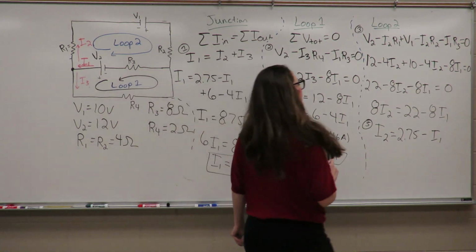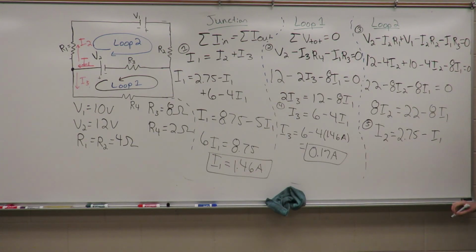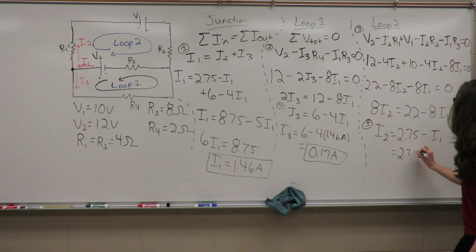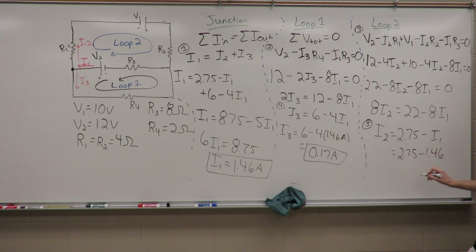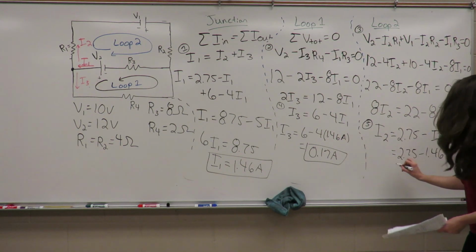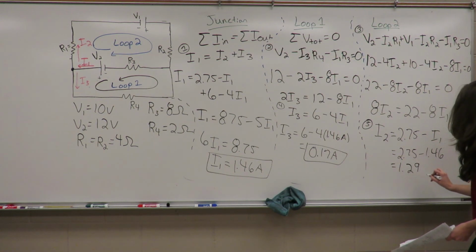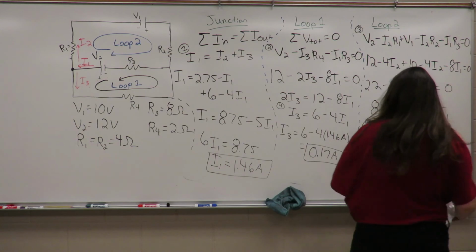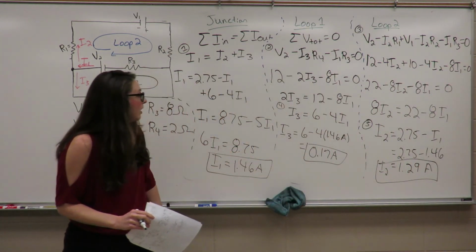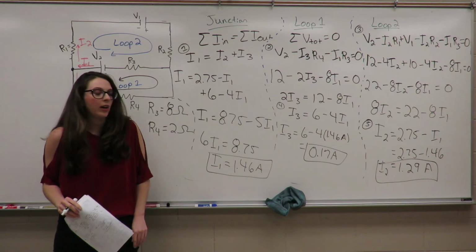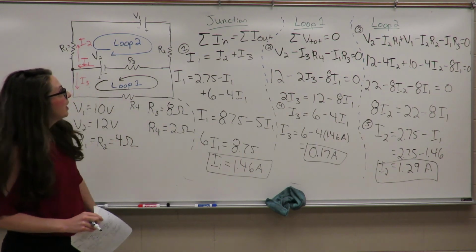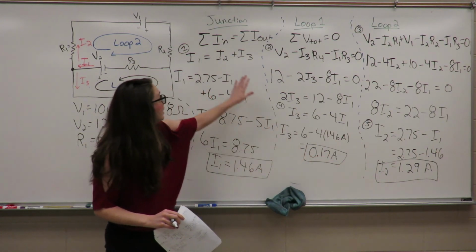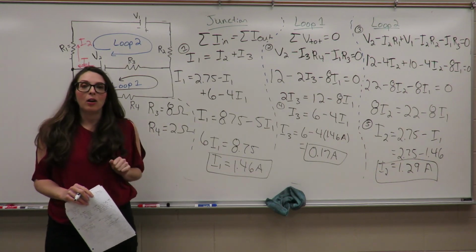And then over here, if I do 2.75 minus 1.46, I get that I2 is equal to 1.29 amperes. Okay? Cool. So then if I combine I2 plus I3, I'll get back again I1, my 1.46 amperes. So that would be equation 1. If I took I2 here, I2 plus I3, added them together, I'll get back my current here, I1.